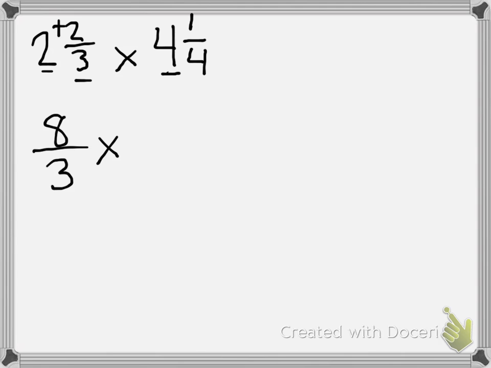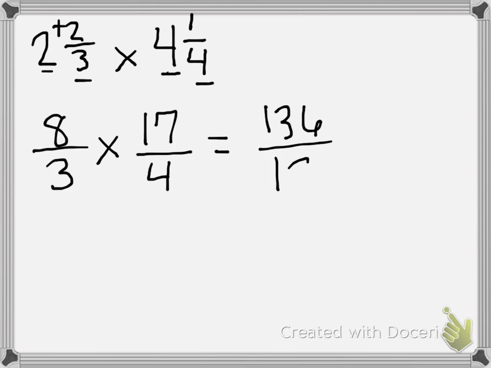Again, 4 times 4 is 16. Plus 1 is 17. So I have 17/4 because my denominator stays the same. Now I just multiply across. So 8 times 17 equals 136. 3 times 4 equals 12. My improper fraction is 136/12.